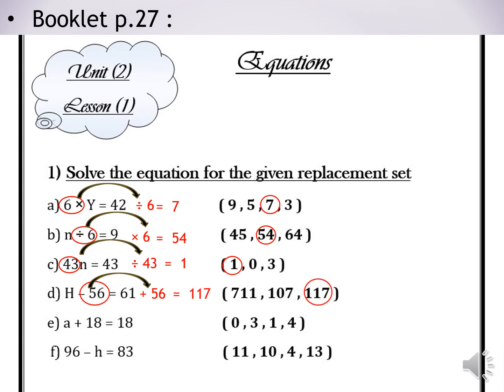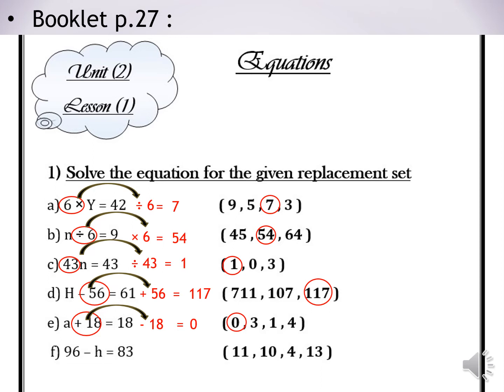So the answer is 117. In letter E, a plus 18 equals 18. I have plus 18. Plus 18 means that I will send it to the other side with the opposite sign. The opposite of addition is subtraction. So it will be 18 minus 18 equals 0. So the answer is 0.